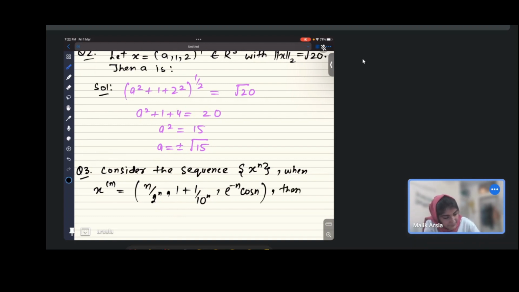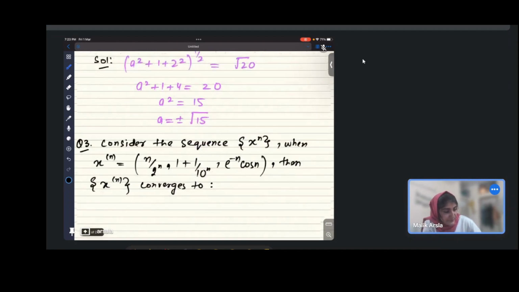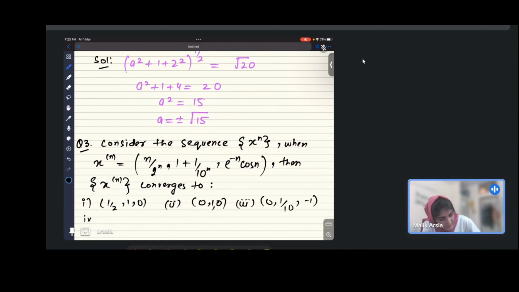Then xn converges to, the options given are: first, half 1 0; second, 0 1 0; third, 0 1 by 10 minus 1; and fourth, 1 1.